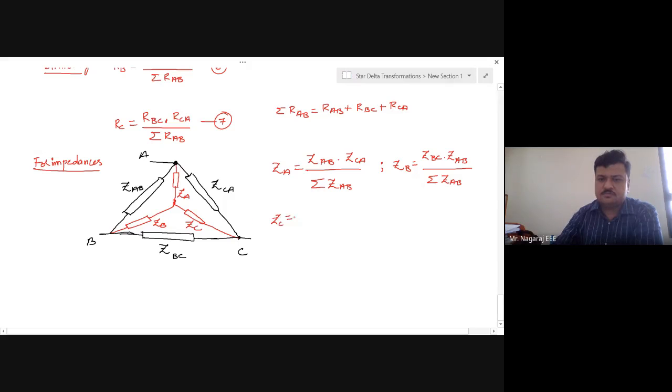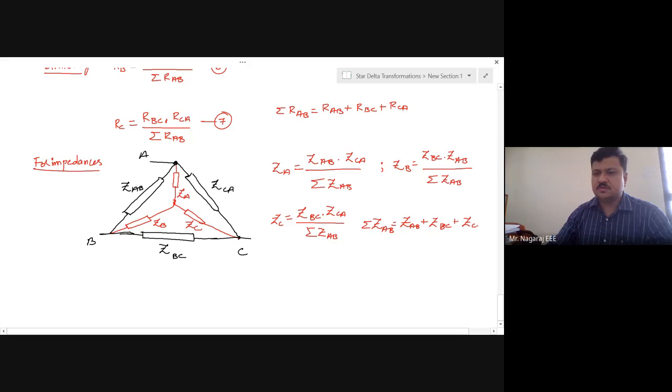ZC is equal to ZBC into ZCA divided by summation ZAB, where summation ZAB is ZAB plus ZBC plus ZCA. So this is how we obtain the equivalent star from the delta connection.